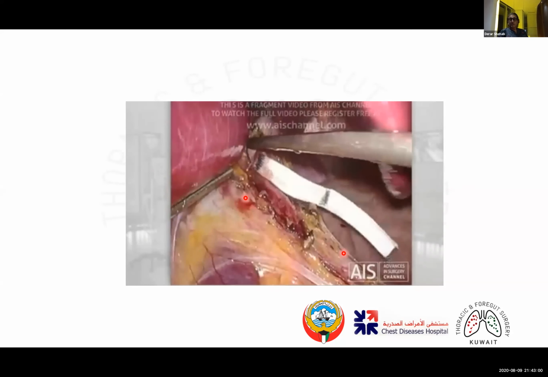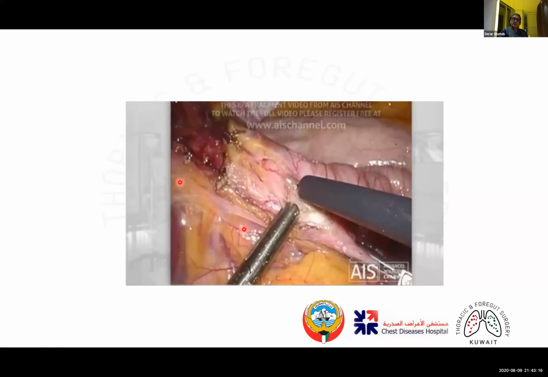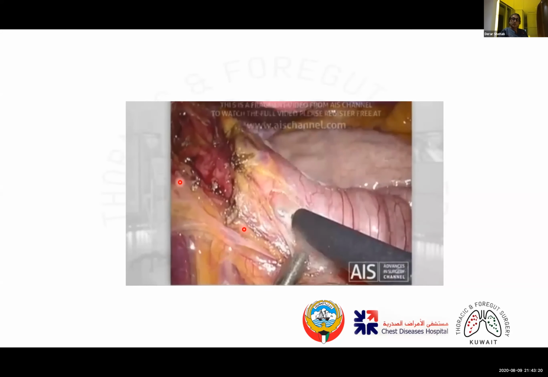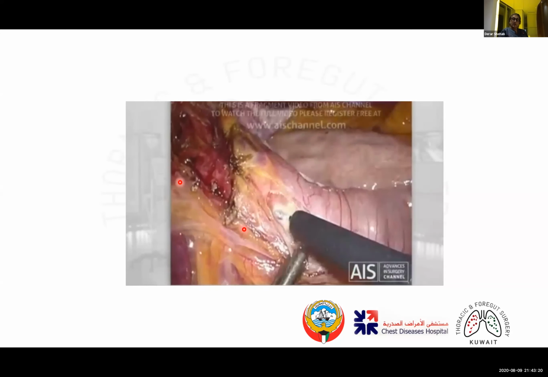Okay, here the surgeon is measuring the myotomy. As I said, we need a total of 7 to 8 centimeters, and probably a crucial step is to extend your myotomy onto the stomach.